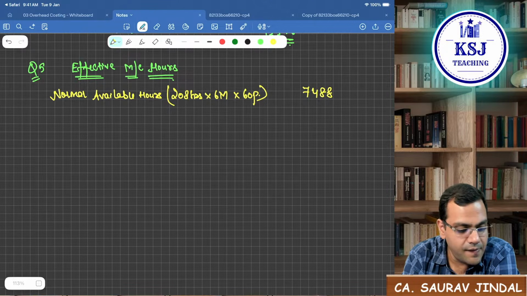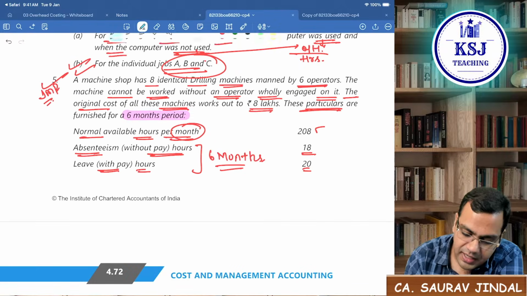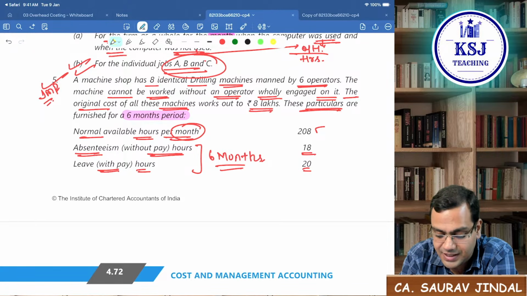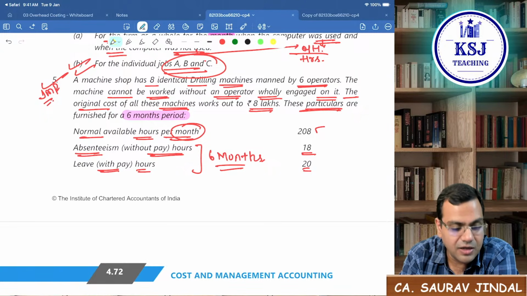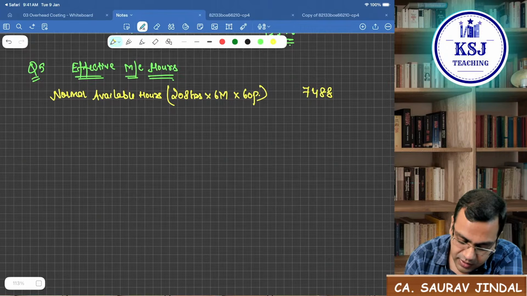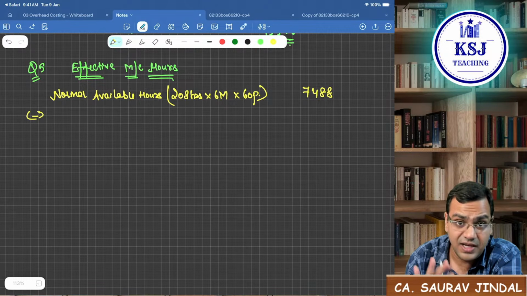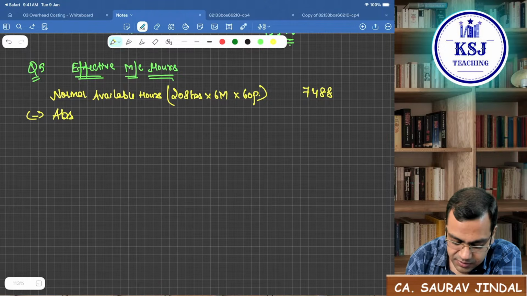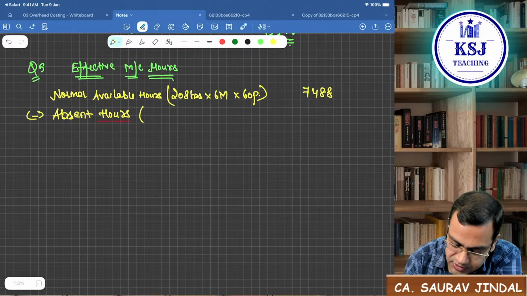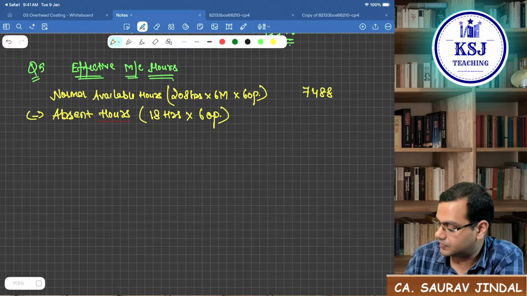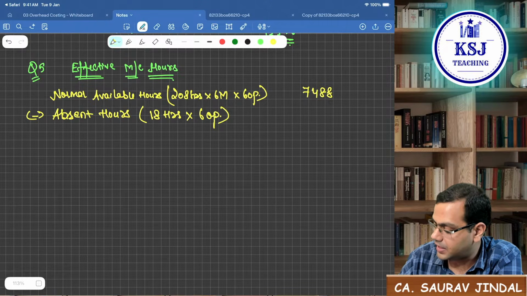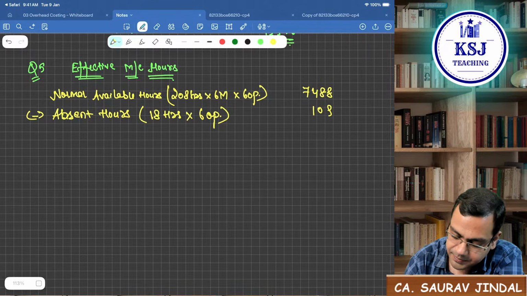Clear? Now from this, what should I remove? I will remove the absenteeism hours. For these 18 hours, we are not going to pay this worker, right? So from the normal available hours, I will remove the absenteeism hours, that is 18 hours multiplied by 6 operators. So 18 multiplied by 6, that is 108.